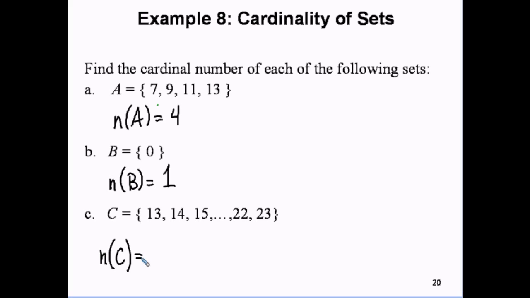So we have to do 16, 17, 18, 19, 20, and 21, so that's 6 more numbers. So it's going to be 11. And the cardinal number of the empty set is 0, because there's nothing in it.